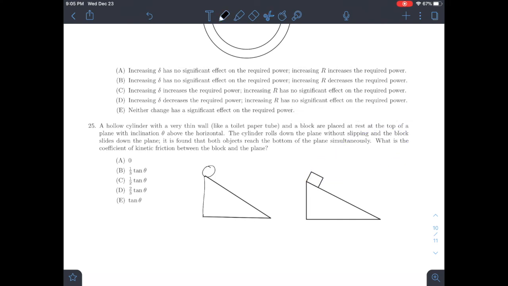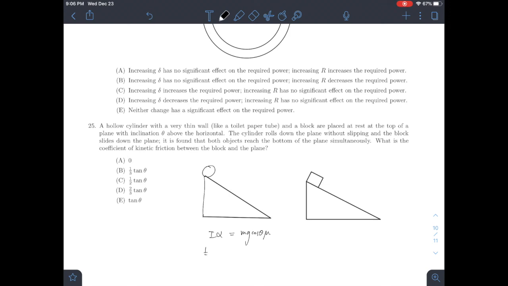Now we can calculate the acceleration of the center of mass of the cylinder by the torque exerted on it. So we have the moment of inertia times the angular acceleration is equal to the torque, which is mg cosine theta times mu times r.